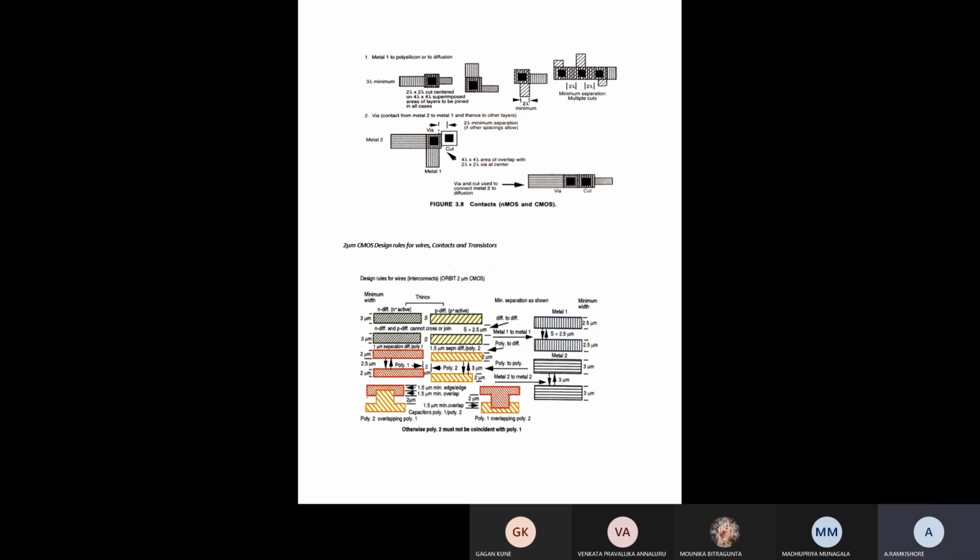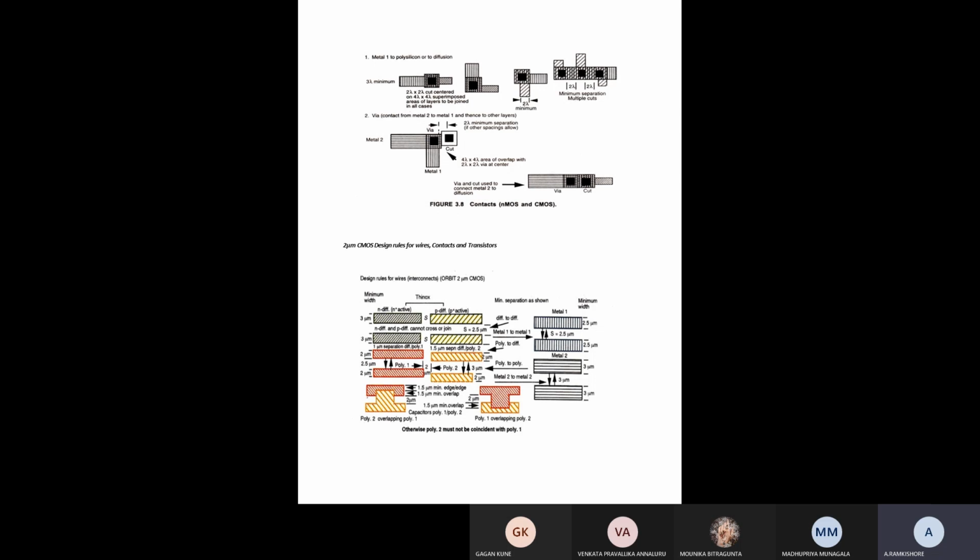This is how we maintain a contact between metal 1 and polysilicon, and metal 2 and polysilicon. The contact value is 3 lambda into 3 lambda.